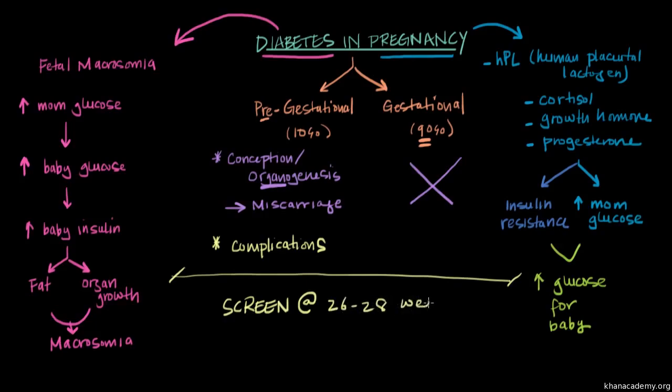And that screening test is usually in the form of a glucose tolerance test, where the woman is given a very specific amount of glucose, and her blood glucose levels are measured at 1, 2, or 3 hours after consuming that very specific amount of glucose. And if her blood glucose levels are above the normal range, then she's found to be diabetic.